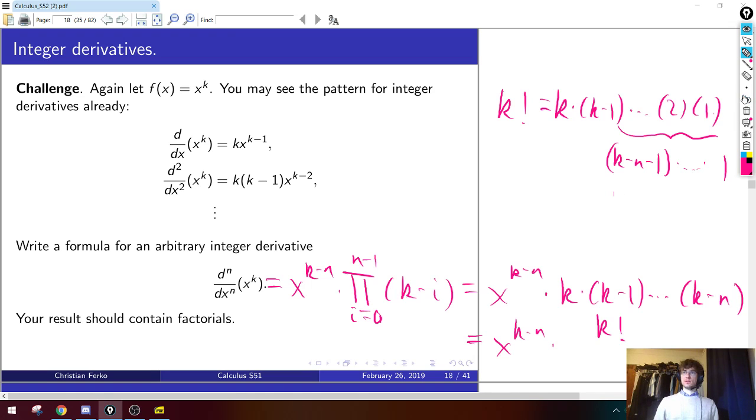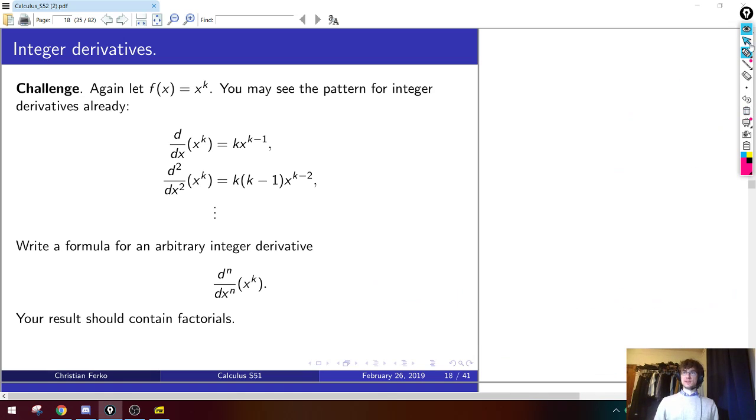You let the bottom be equal to k minus n minus 1 factorial. I think that's right, yeah. Because then upstairs we'll have from k down to 1. Downstairs we'll have k minus n minus 1 down to 1. So we're left with k down to k minus n. Good. I think that's right.